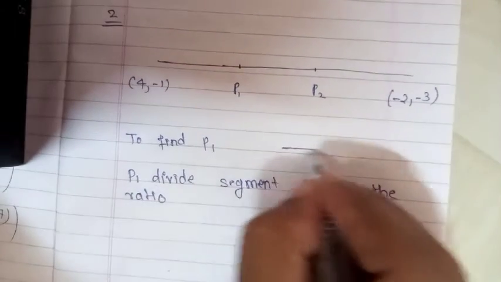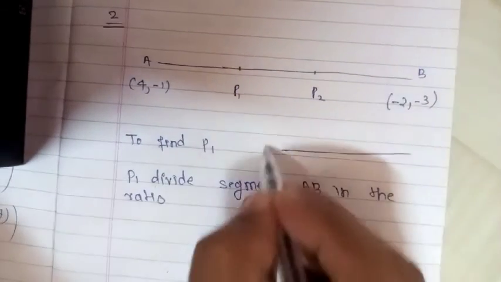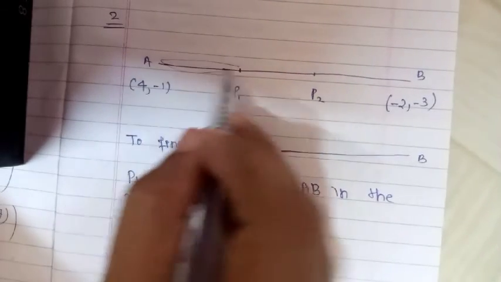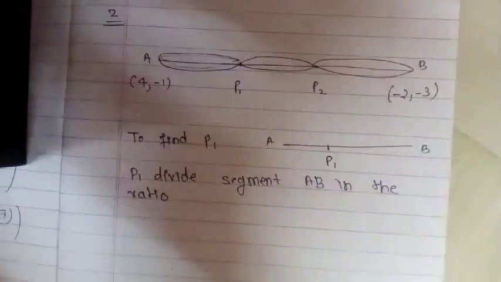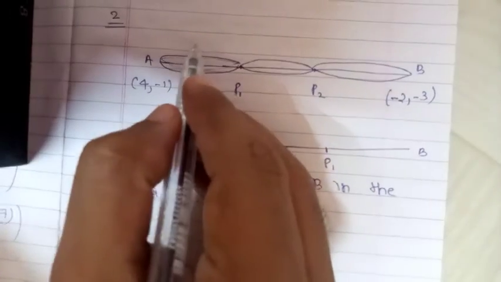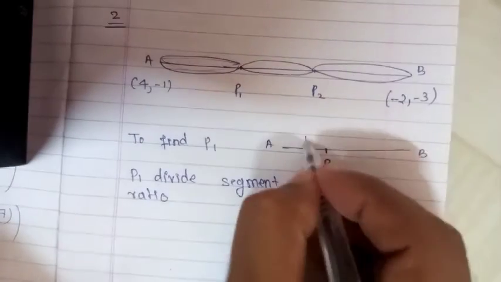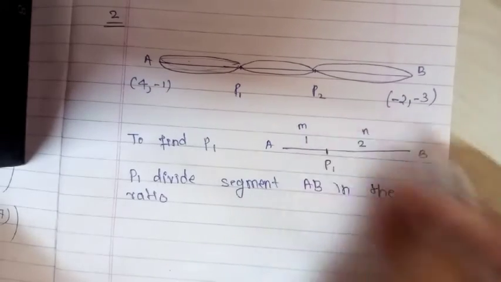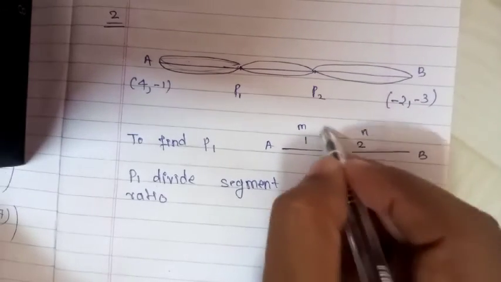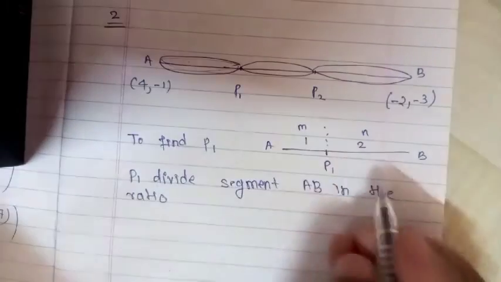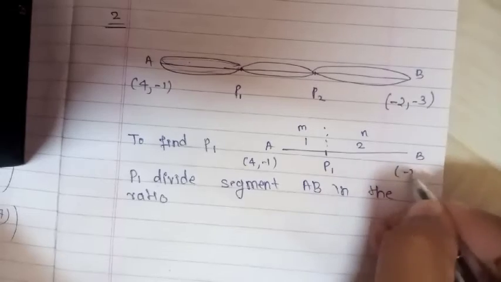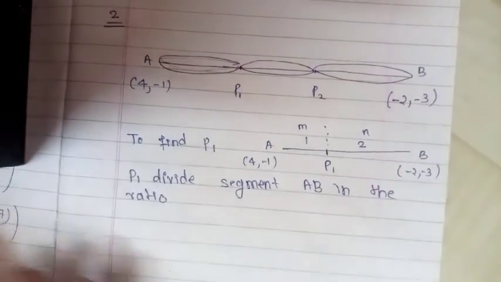Name this as A and this as B. So before P1 we have one part, and after this two parts, so P1 divides in the ratio 1:2. Okay, so we'll take m and n. A you will get as 4 comma minus 1, and B you will get as minus 2 comma minus 3.